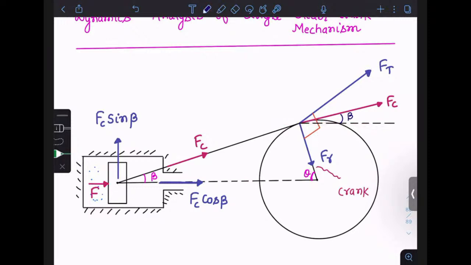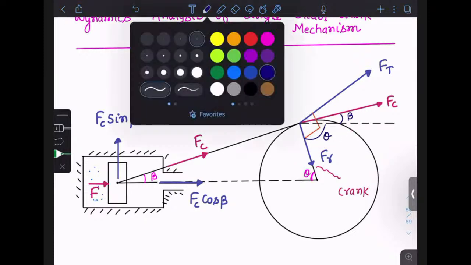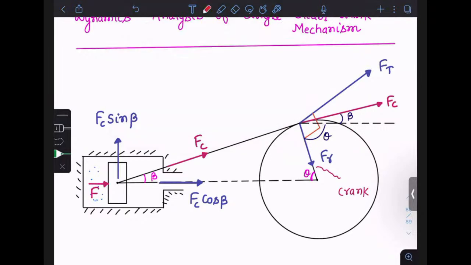So here we can write that this is your theta. Right, so this is again theta. This is your theta, this is your beta. Means this total angle is your theta plus beta. Correct, my dear. This total angle is your theta plus beta.